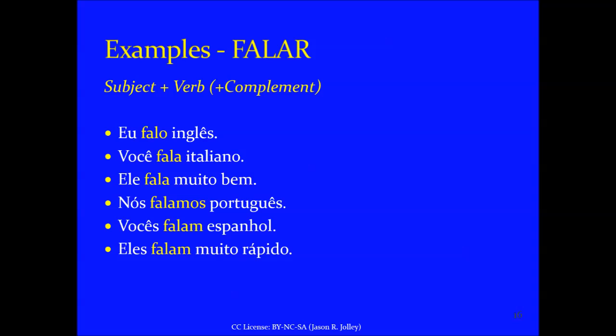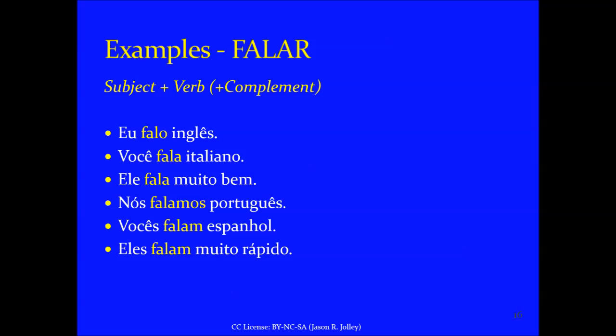So those were the forms. Let's now take a look at how we could use those 4 forms of falar in some simple declarative sentences. Now these kinds of sentences are very easy to form. Their syntax is virtually the same as that of similar English sentences. You start with a subject, then you add a verb, and some kind of complement or object. So subject, verb, and then an optional complement or object.